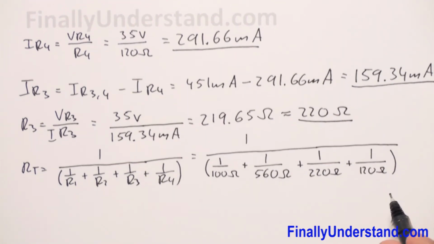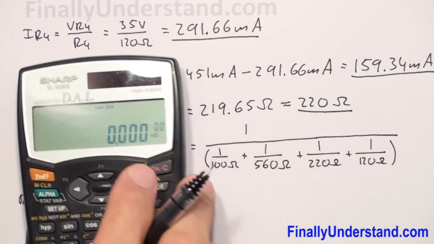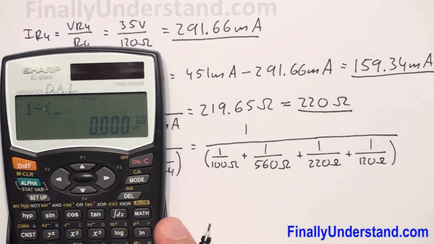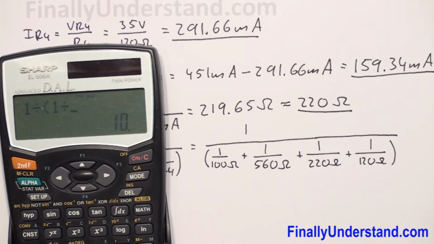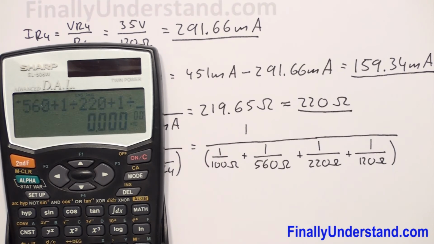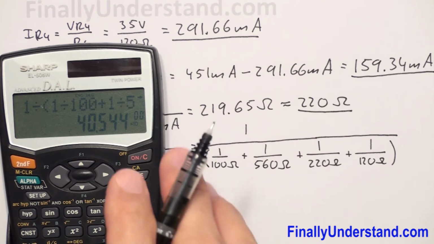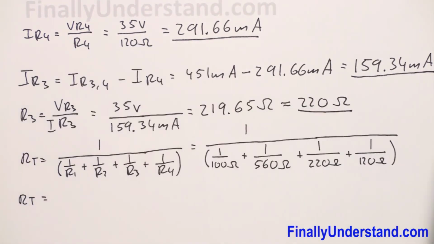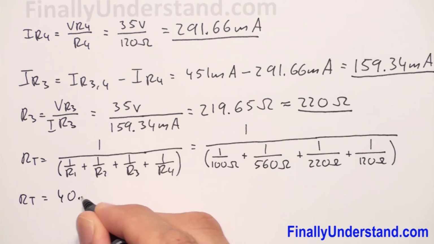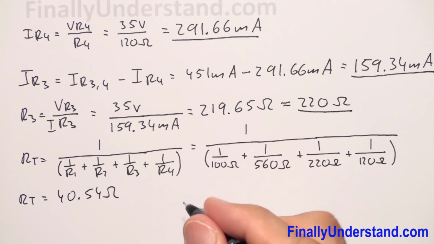So R total is equal to, using the calculator, 1 divided by open parenthesis 1 divided by 100 plus 1 divided by 560 plus 1 divided by 220 plus 1 divided by 120 close parenthesis, which equals 40.54 ohms. So now I can find I total.